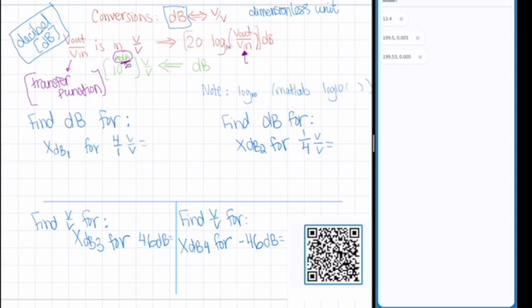Wait, how am I getting a negative decimal? That's what I'm saying. Why does it have a negative? It's because your output's quieter, so you're losing. Just think of decimals as going down, there's always a reference.